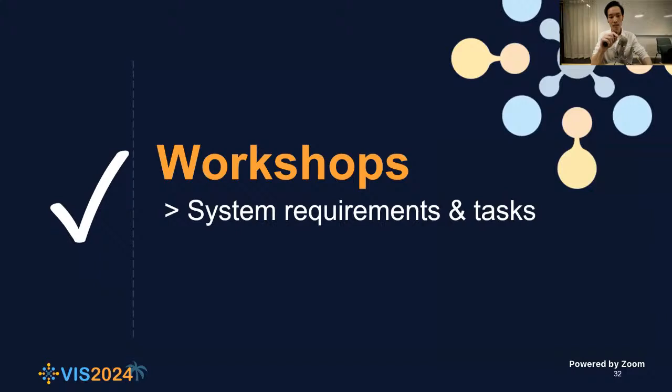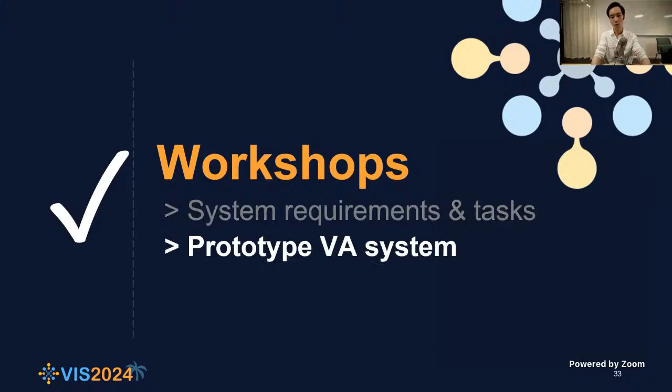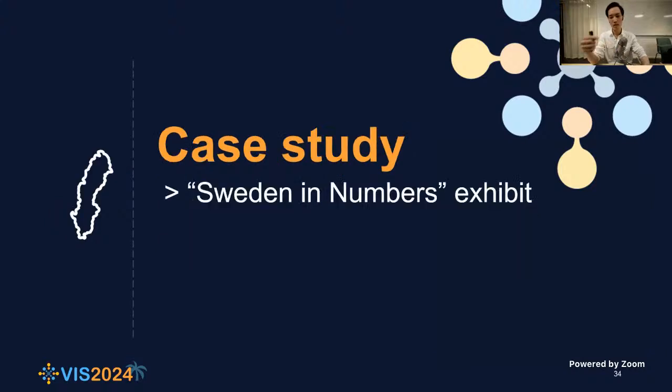This then led to a series of workshops where we distilled a set of system requirements and tasks, which then led to the design of the prototype VA system. After that, we conducted a case study using one of the public interactive exhibits named Sweden in Numbers, which contained demographic data about Sweden. In the next slide, you will see a short clip of a user using this exhibit.